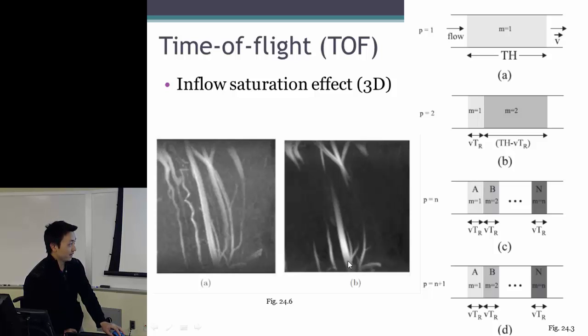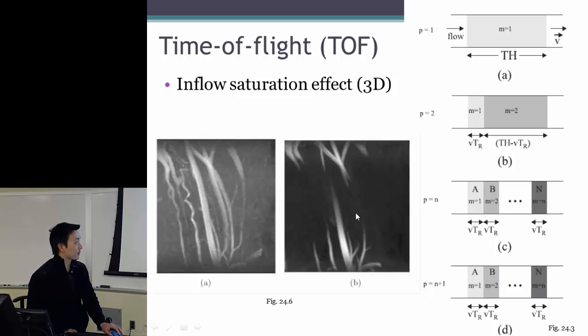We can see that as the flow goes deeper into the imaging slab, the blood becomes more saturated. It now has a lower signal than the tissue, so it cannot be seen as it goes very deep into the slab.